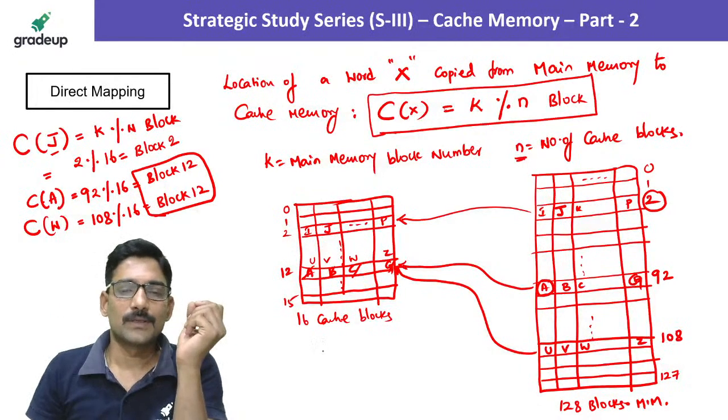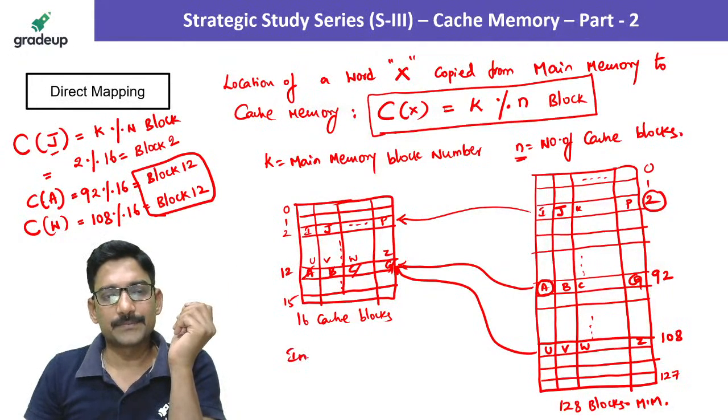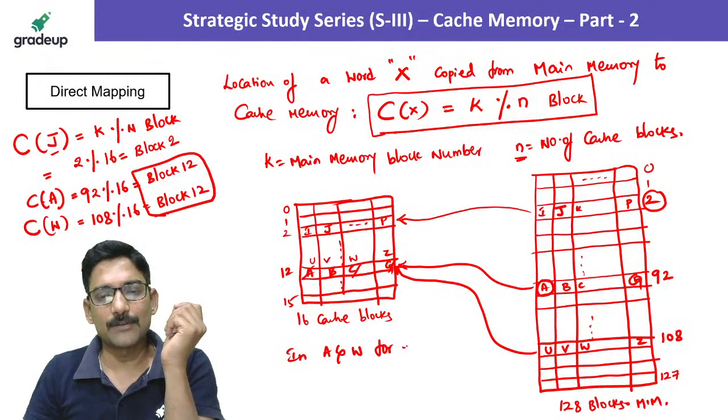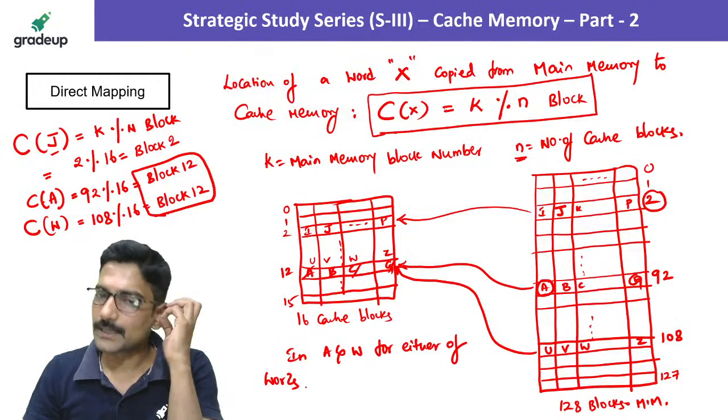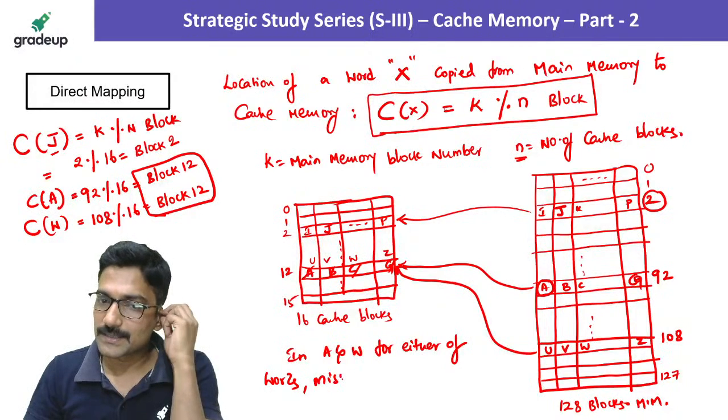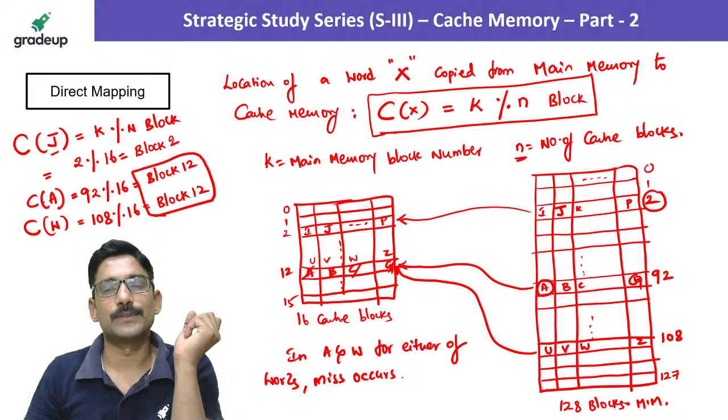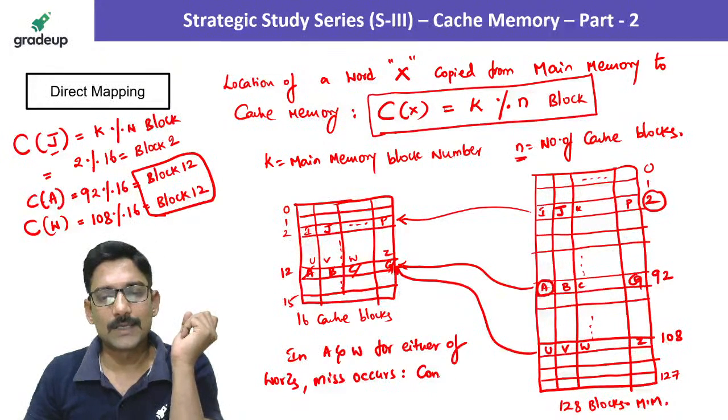Now, for either of the words A and W, what occurs? A miss occurs, because if it can hold one, the other it cannot hold. This miss is called conflict miss.